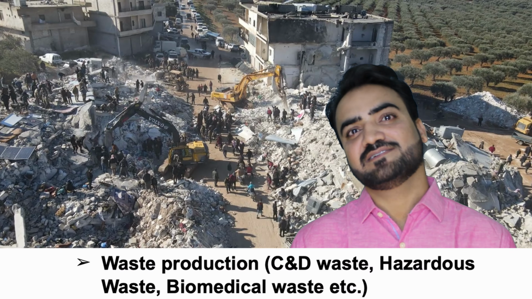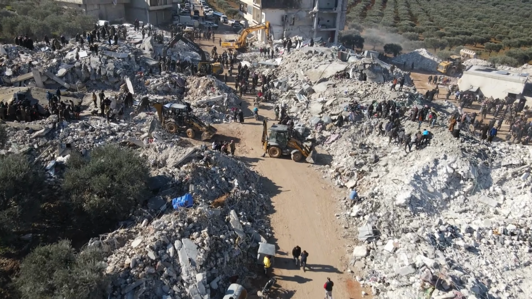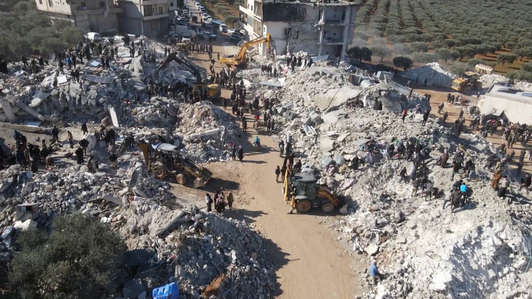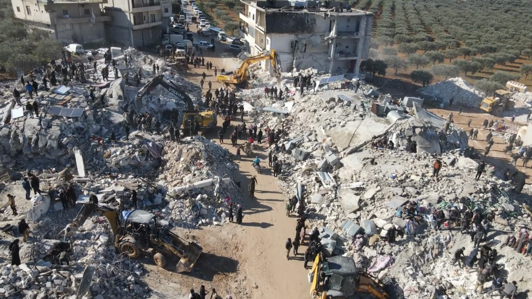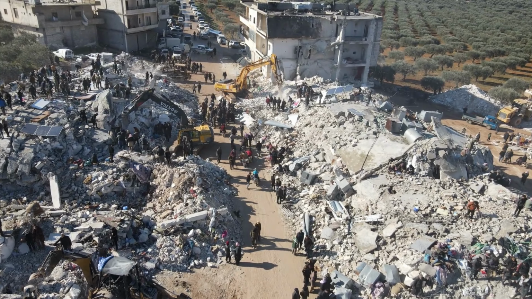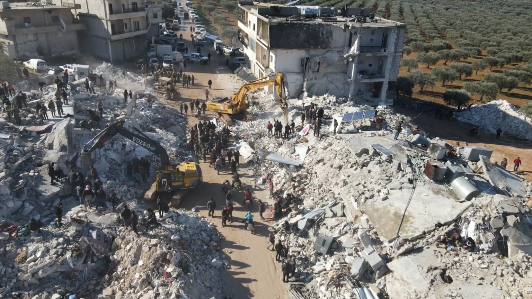A demolition activity generates 300 kg per square meter, and a renovation activity generates 45 kg per square meter. This huge quantity of C&D waste is either disposed of unethically or illegally in open lands. Authorized disposal of C&D waste is not being carried out, due to which there is a huge impact on the environment from this C&D waste generation.